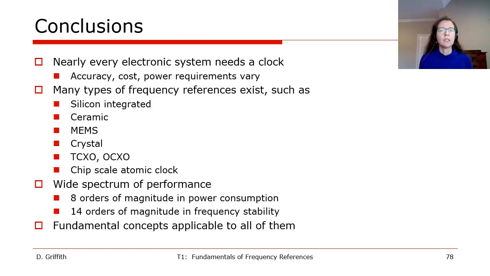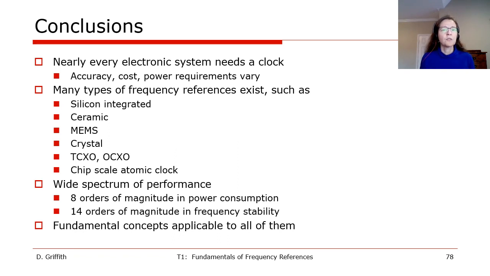In conclusion, nearly every electronic system needs a clock, although the accuracy and cost and power requirements can vary tremendously. Because of this, many different types of frequency references have been developed, including silicon integrated oscillators, ceramic, MEMS, and crystal oscillators, temperature compensated and oven compensated crystal oscillators, and chip scale atomic clocks.